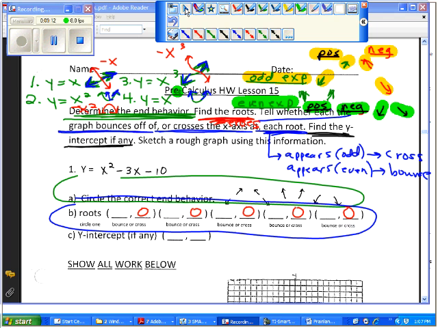Okay, let me show you the idea. If we were going to graph a line and we had an x-intercept, what's going to happen? It's going to cross at that point. What if we had a parabola with 2 different answers on a quadratic?